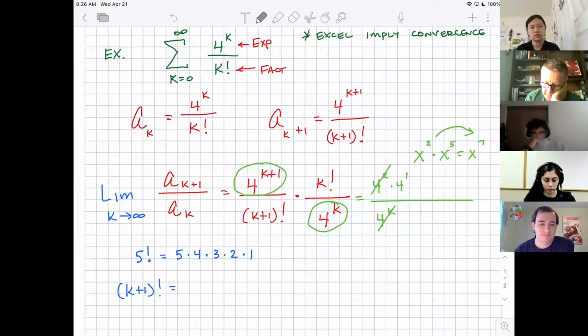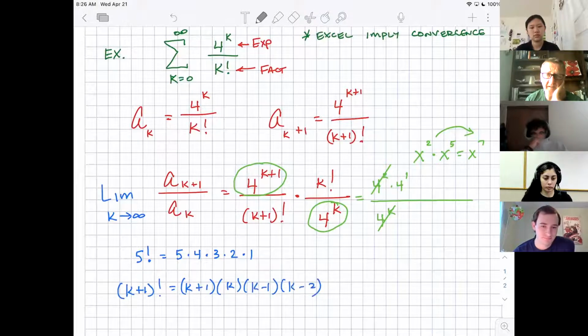No, it's k plus 1 times, well, 1 less than that, k, and then k minus 1 and k minus 2. The problem is this k is not a number, like 5. So how do I know where to stop? Is it like k minus 9,000? It's just never ending. Does that make sense?